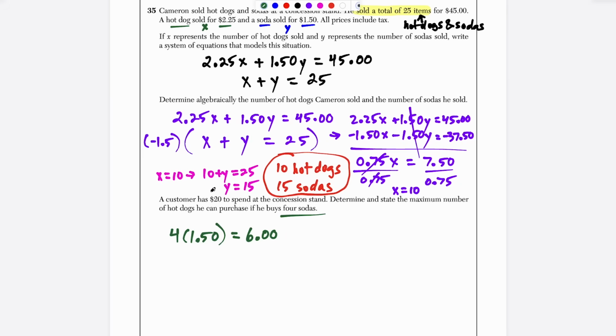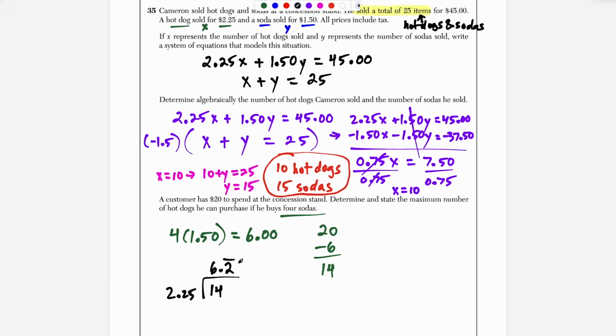Well, if the customer is spending $20, we could just do 20 minus 6 is 14, but now the cost of a hot dog is $2.25. So we could take the $2.25 and divide it into 14. Okay, so we're going to do 14 divided by 2.25. And we could just type this in a calculator, but if you do 14 divided by 2.25, you're going to get 6.2 repeating.